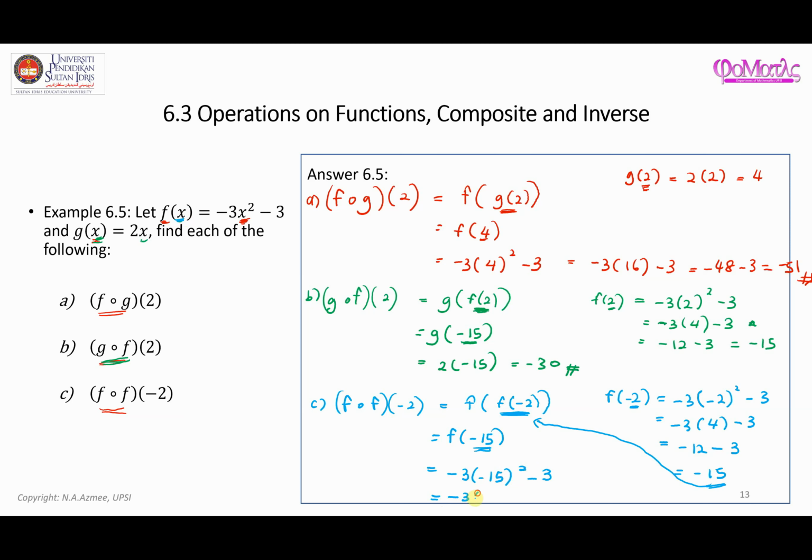So -3 times 225 minus 3. -3 times 225 is -675, so -675 minus 3 is -678. This is the answer to question C. Right, next.